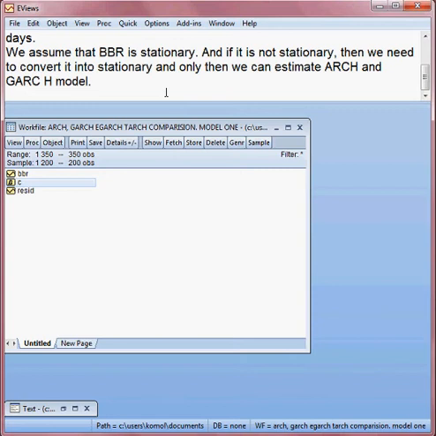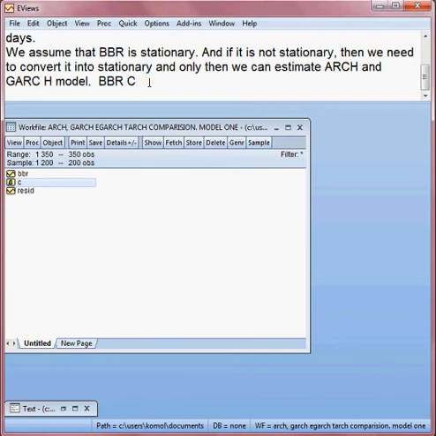Okay, and what is our model? First is the dependent variable, then I take the constant. So that is our first model. Here there is no other variable, only these two, BBR and constant.